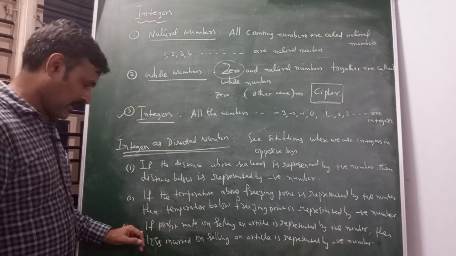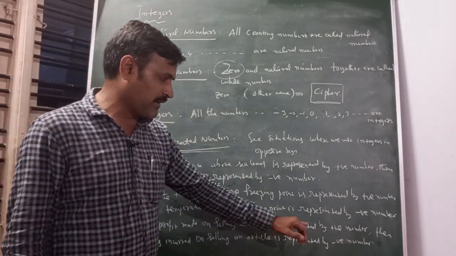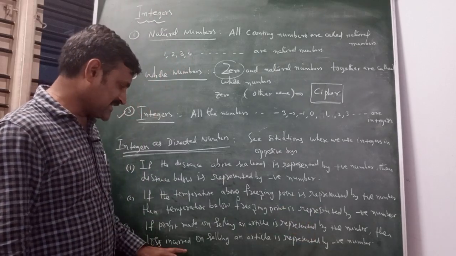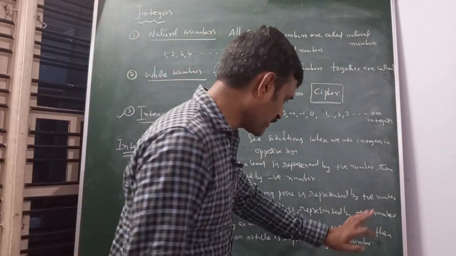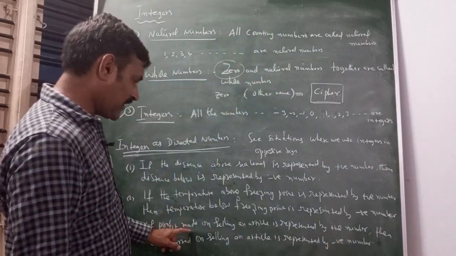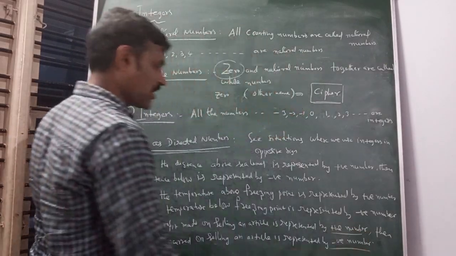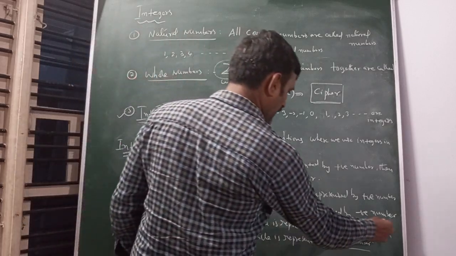Another situation in our life: if profit made on selling an article is represented by a positive number, then loss incurred in selling an article is represented by a negative number. So profit is always represented by a positive number and loss is always represented by a negative number. Like that, we have done the below and above discussion.